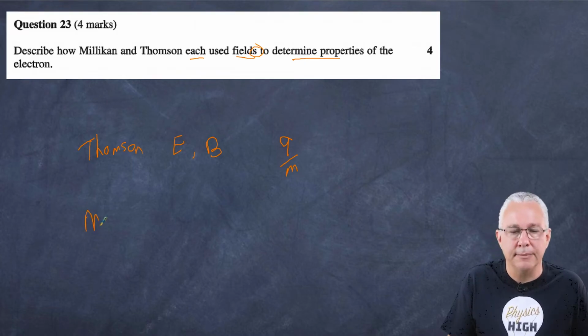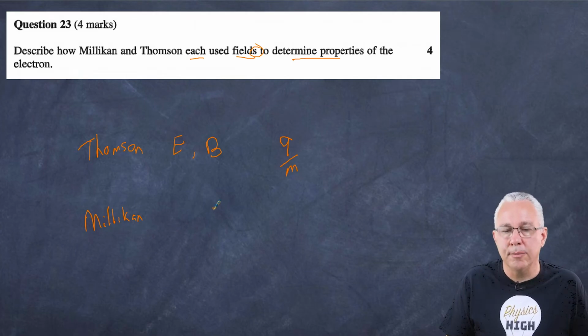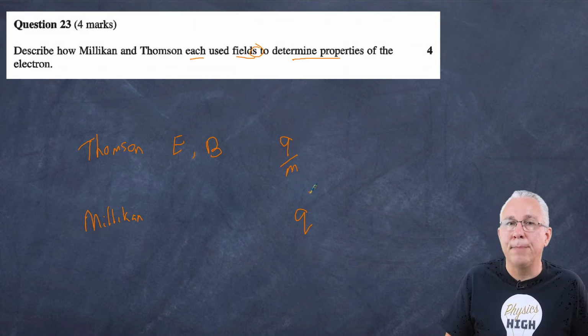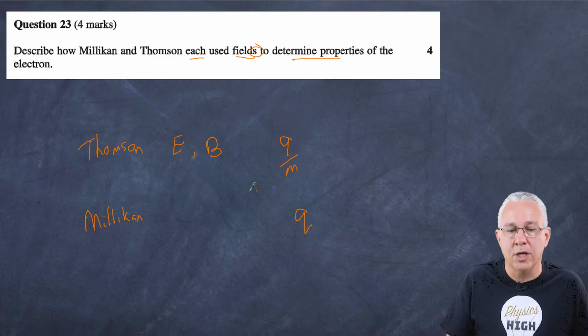What about Millikan? Well, Millikan determined the charge of an electron, and I'm going to put that straight away over here. But how did he do it? Well, he basically set up a field of oil droplets where he balanced the oil droplets so that they moved at a constant velocity. How? By applying an electric field and a gravitational field between the two.